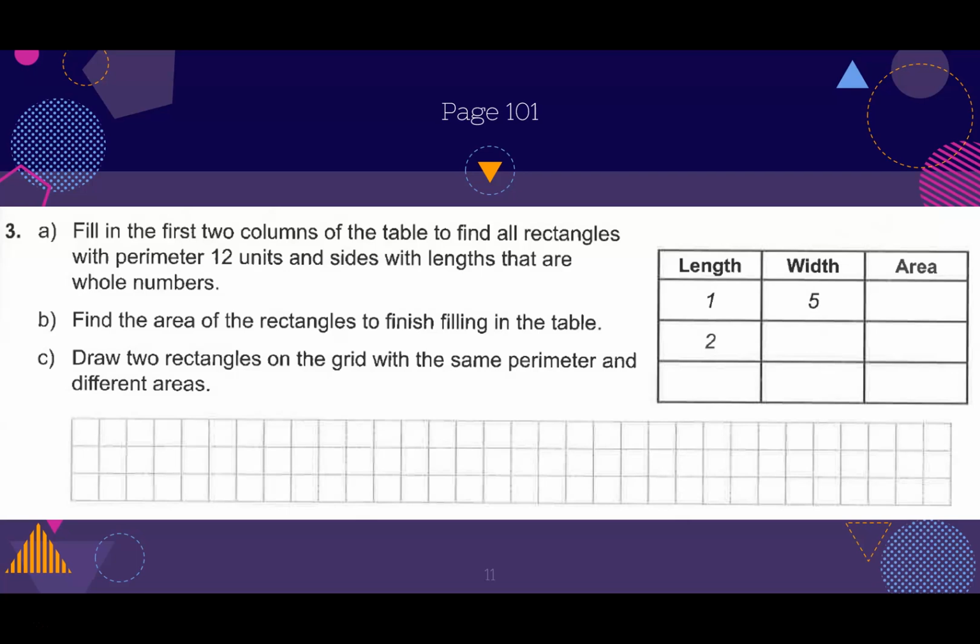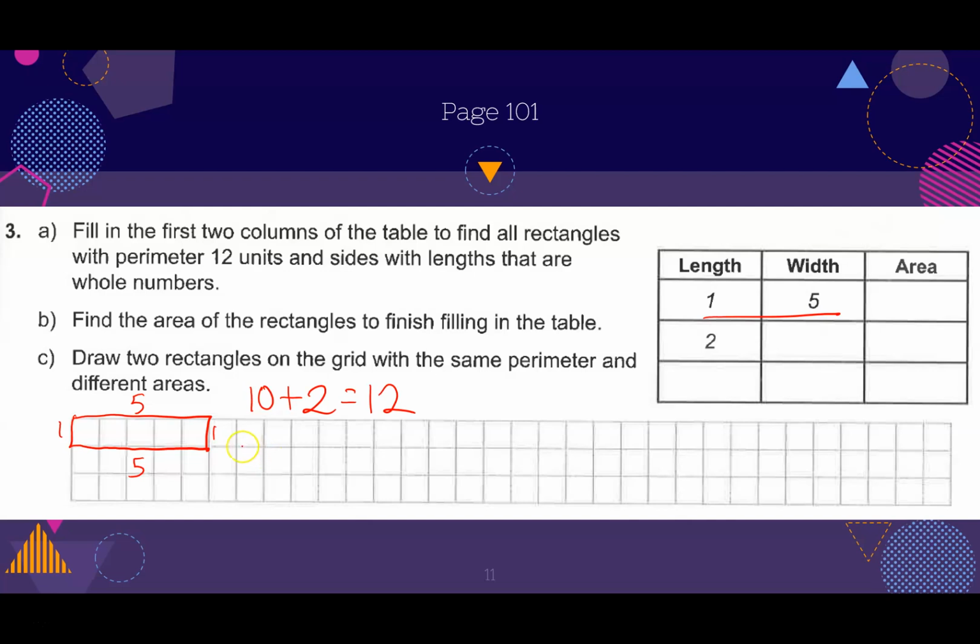So, if we had a length of 1 unit, 5 wide, we know that the 2 sides of 5 plus 5 will equal 10, and the shorter sides 1 each. 1 plus 1 is 2. The long sides added up to 10. So 10 plus 2 is 12. That is one shape that has a perimeter of 12.